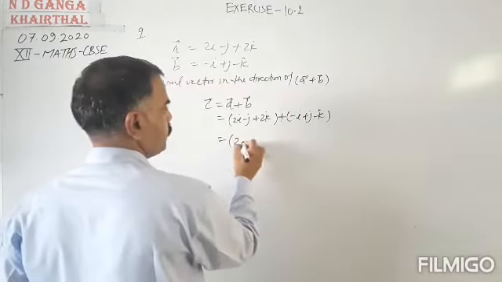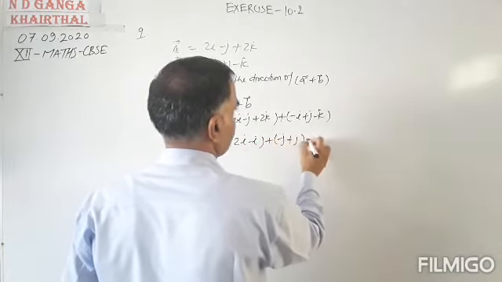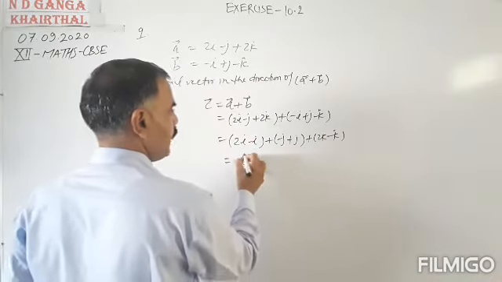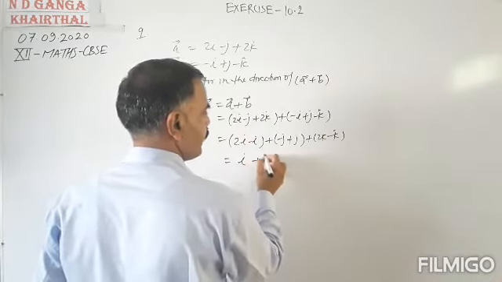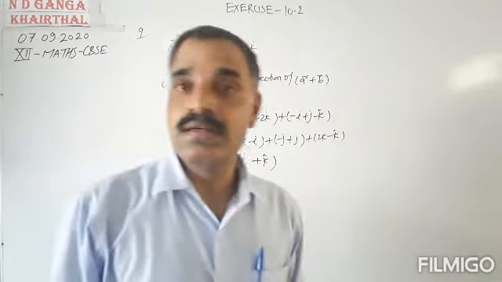So this is equal to 2i minus i, minus j plus j, 2k minus k. Okay, so this is equal to i cap plus k cap. This is c vector.